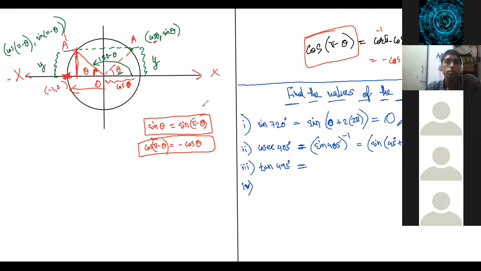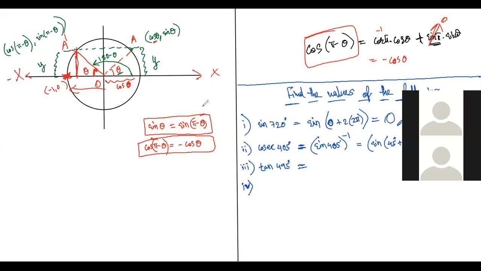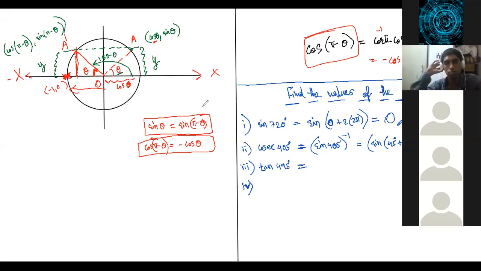Other students? Sir, can we write tan 135 degrees equals sine 135 degrees by cos 135 degrees? Yeah, why not? And we can just further simplify it.